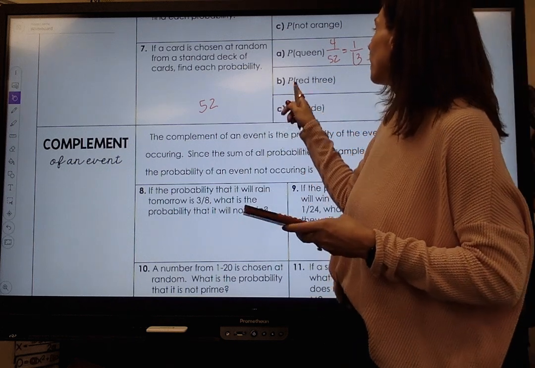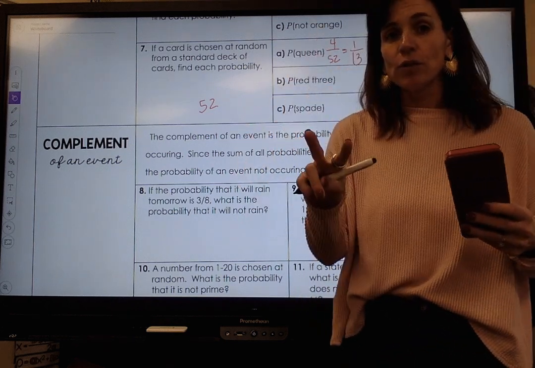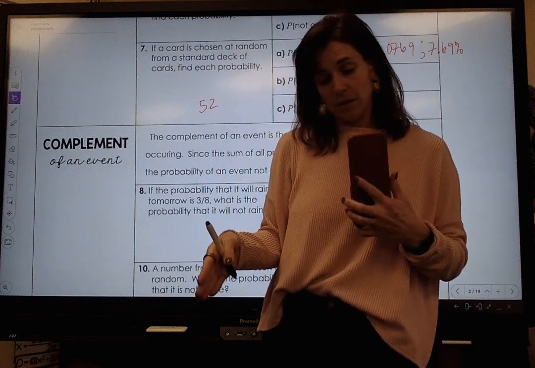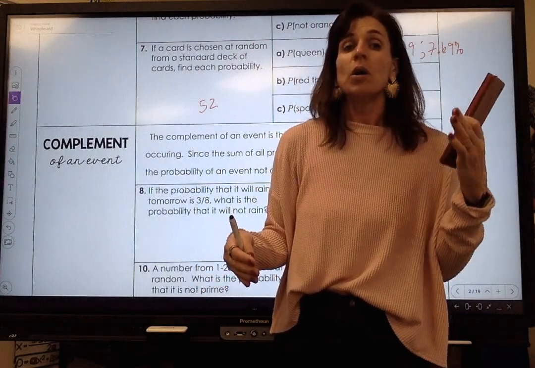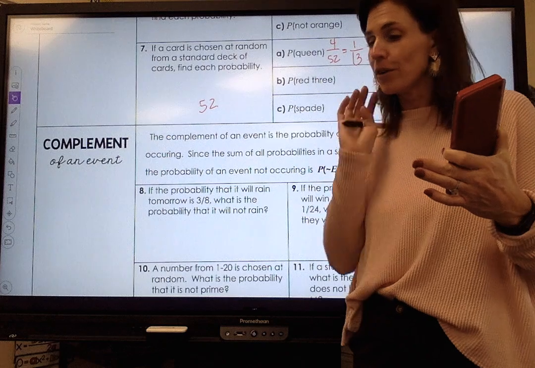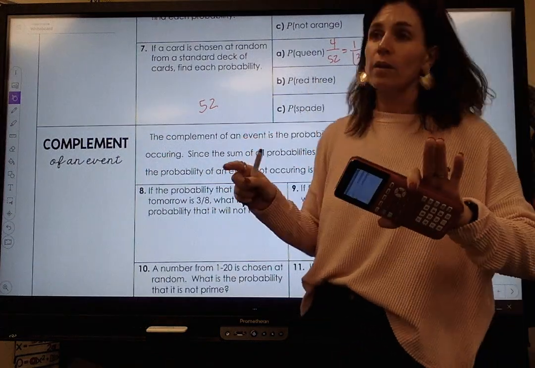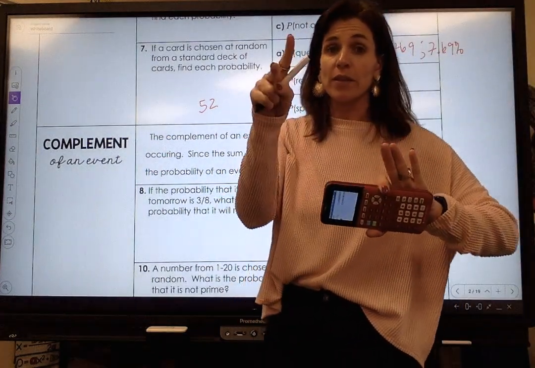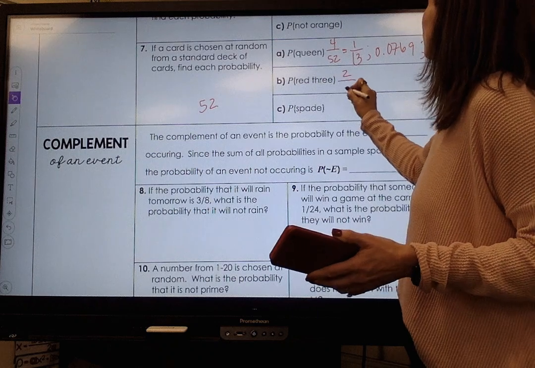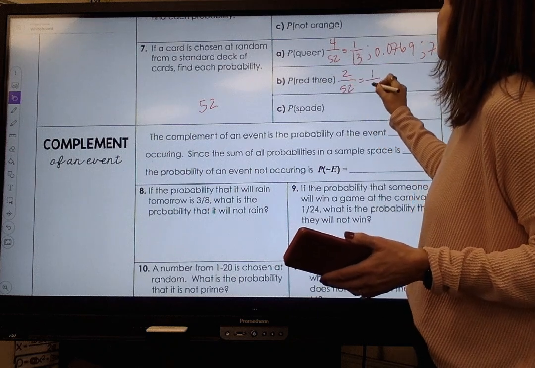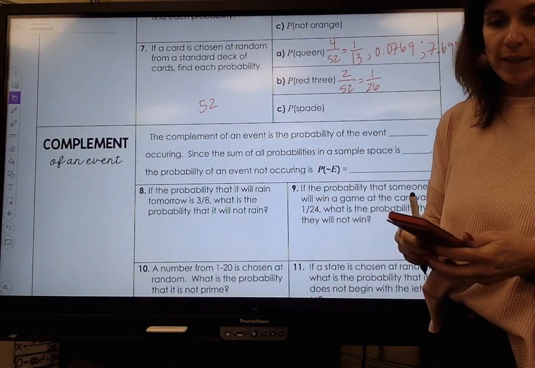Okay, what's the probability of me getting a red 3? Well, you have black, clubs and spades, and red, hearts and diamonds. The hearts and the diamonds both have a 3, so that's 2. So you have 2 out of 52 chance, which is 1 in 26.